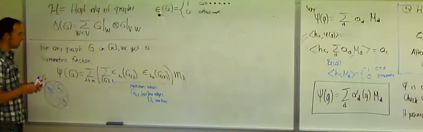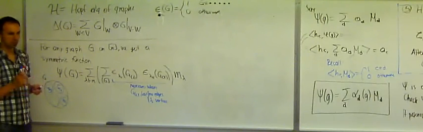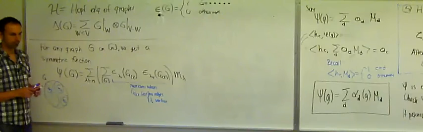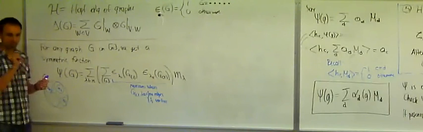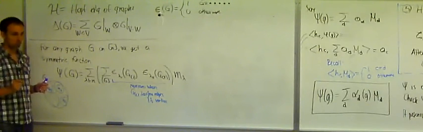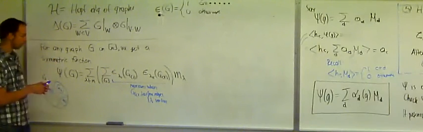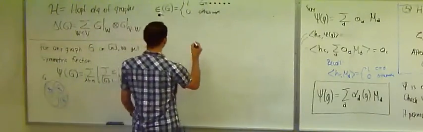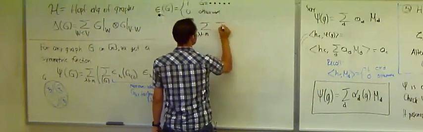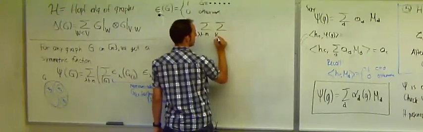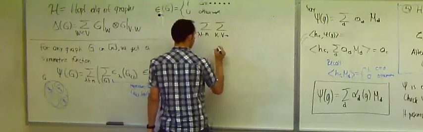Okay? Now, what if instead of thinking of i as a number, I think of it as a color? So I have a graph, and now I'm separating the vertices into k groups. I'm going to call these colors: color 1, color 2, up to color k. Okay? So sum over the colorings of the vertices with natural numbers.